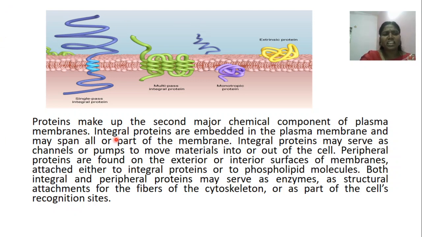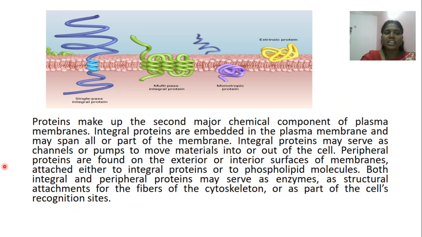Coming to membrane proteins: proteins make up a second major chemical component of the plasma membrane. These are all integral proteins, embedded in the plasma membrane, and they may span the whole membrane. The integral proteins may serve as channels or pumps to move material into and out of the cell.